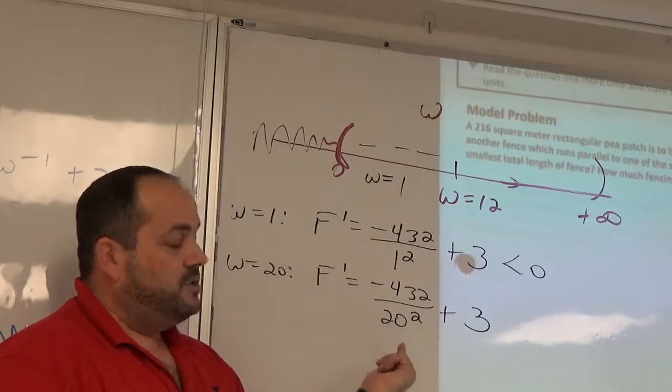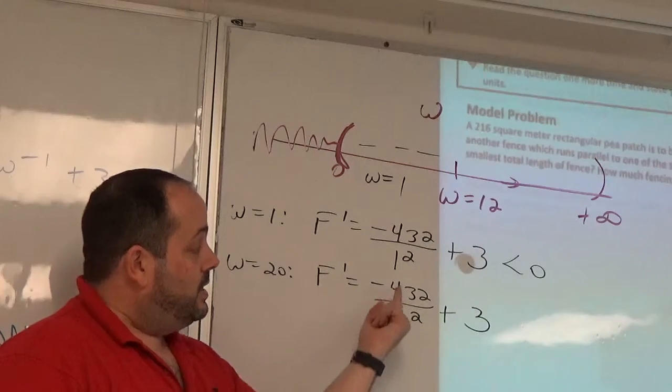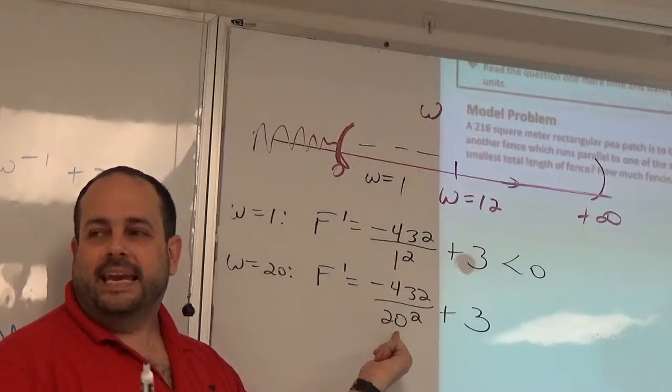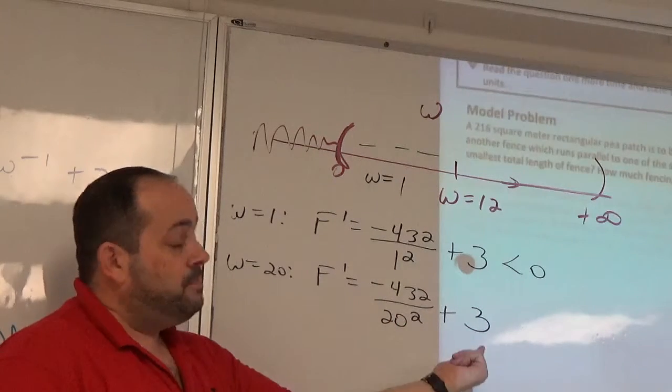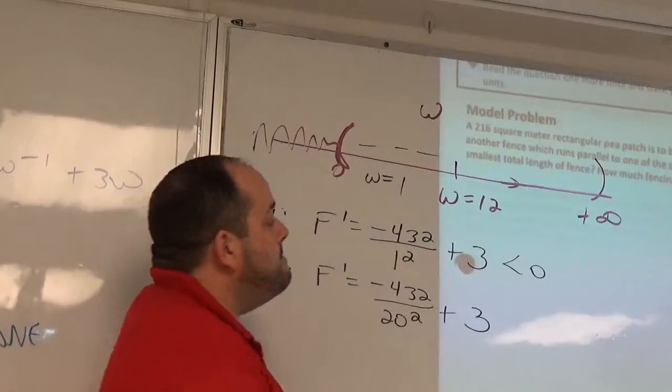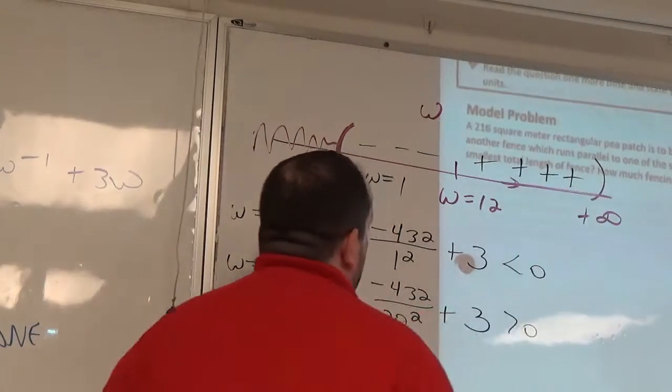Negative 432 divided by 400. I don't expect an exact answer. It's going to be like negative 1 and some stuff. Negative 1 and some stuff plus 3 must be positive. So look what happens with your derivative.